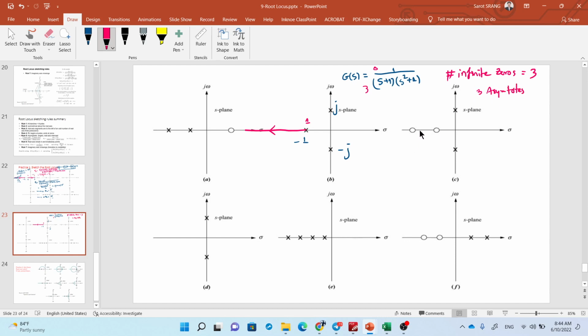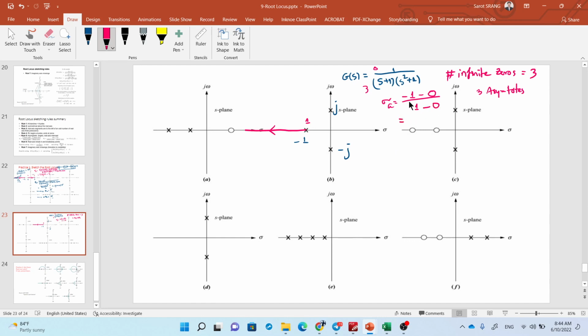So we first find sigma A. Sigma A means the sum of all finite poles, which is minus 1, and the sum of all finite zeros, which is nothing, divided by the number of finite poles. How many finite zeros? None.